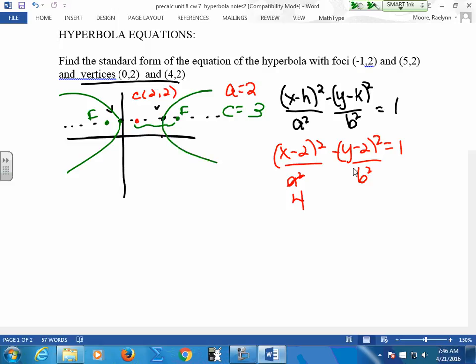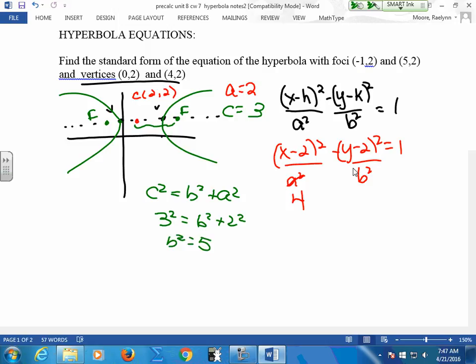So what piece am I missing? You're missing B. So how can I find B? C squared equals B squared plus A squared. So 3 squared equals B squared plus 2 squared. So B squared is equal to 5.